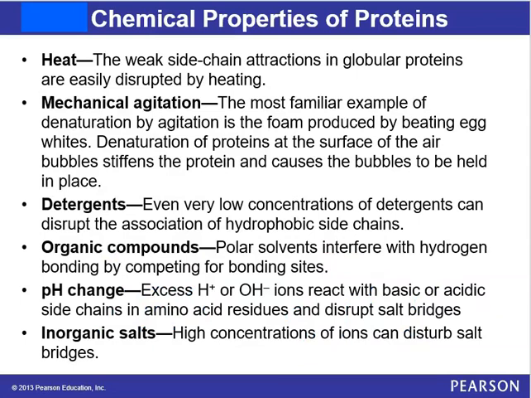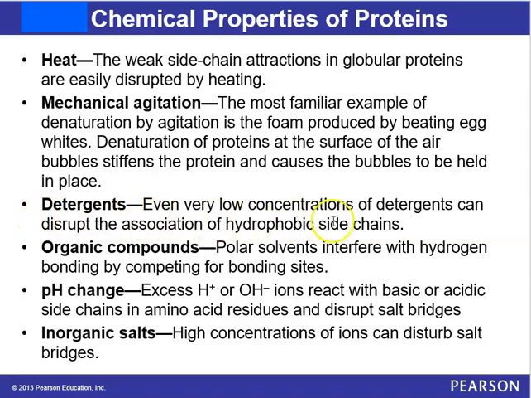Other things that can influence the structure of a protein: we talked about heat. That's why when we're running gels, we heat things up, and it can weaken those side chain interactions. Mechanical agitation also does this. If you beat an egg white, you can make different types of frostings, and you're actually denaturing those proteins, changing the structure.